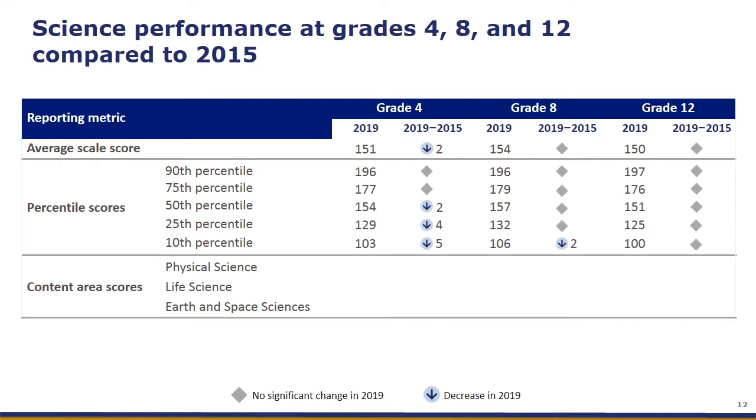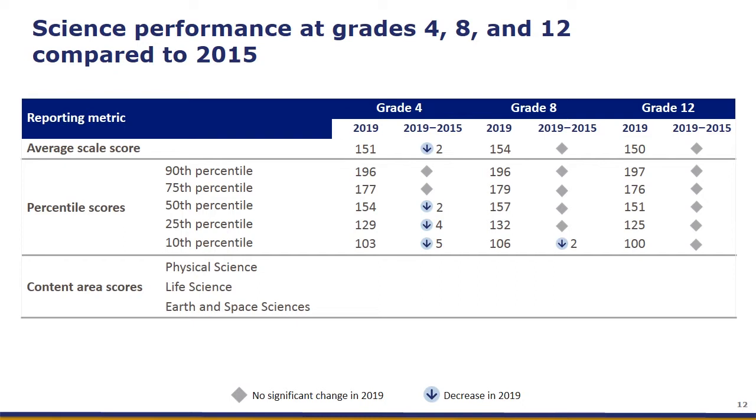Next, we'll take a look at performance by percentiles. At grade 4, higher performers, those at the 75th and 90th percentiles, did not show any change from 2015. But middle performers, those at the 50th, and lower performers, those at the 25th and the 10th percentiles, declined.